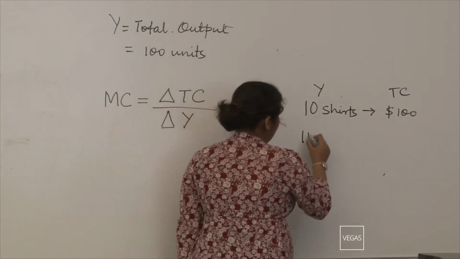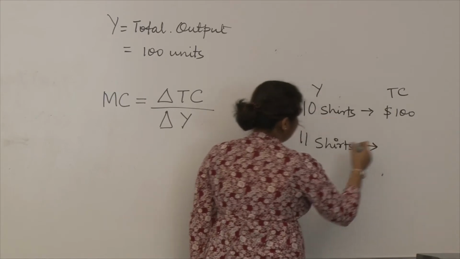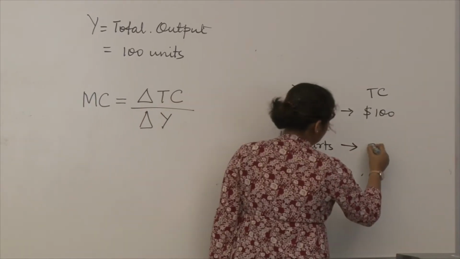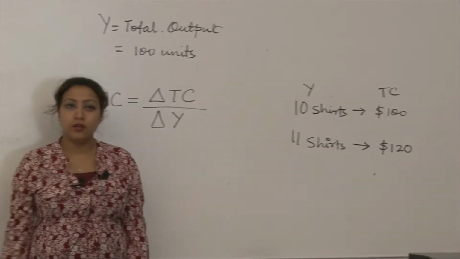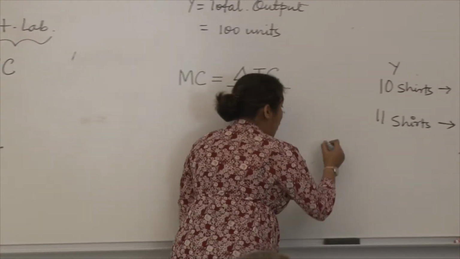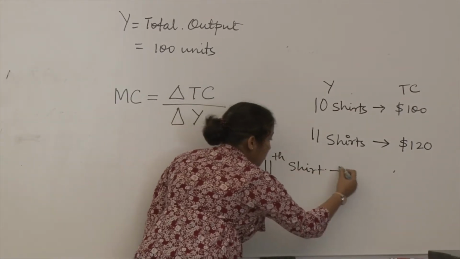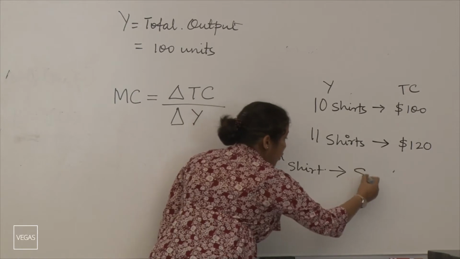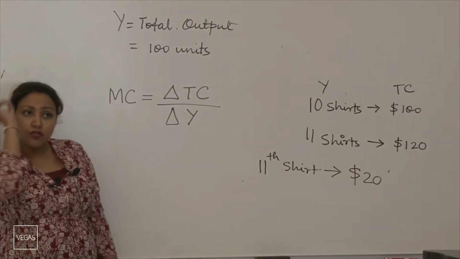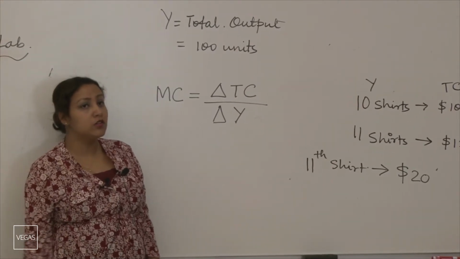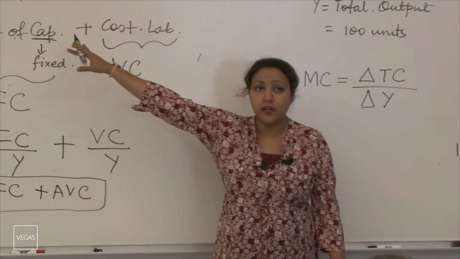Now I produce 11 shirts, and let us say the total cost is 120. That means, for the 11th shirt, my total cost has increased by $20, isn't it? Just for the 11th one, my total cost has increased by $20.